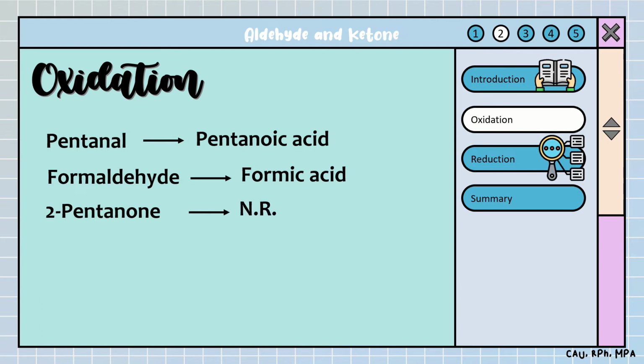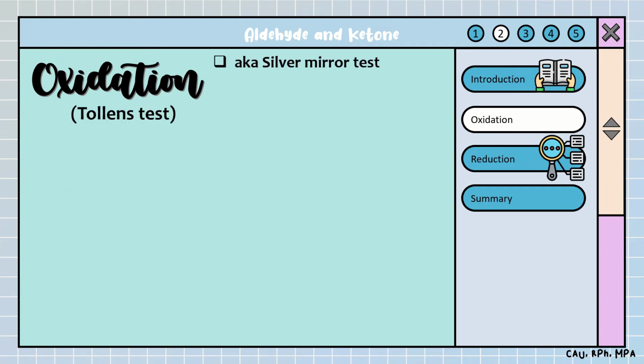Several tests based on the ease with which aldehydes are oxidized have been developed for distinguishing between aldehyde and ketone, for detecting the presence of aldehyde group in sugar or carbohydrates, and for measuring the amount of sugar present in a solution. The most widely used of these tests are the Tollens test and Benedict's test. Tollens test is also known as your silver mirror test.